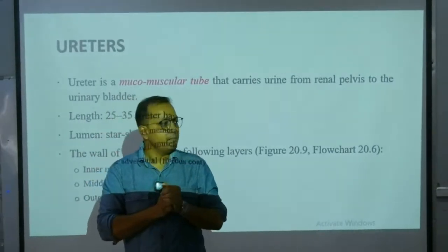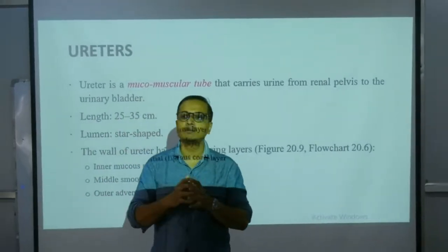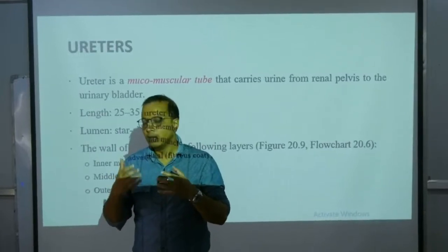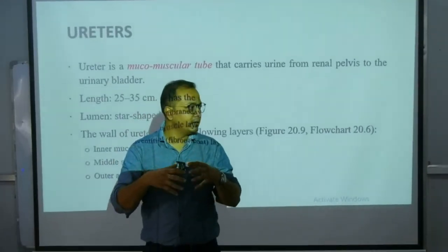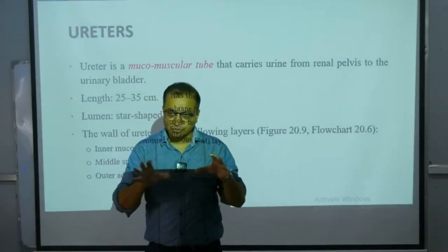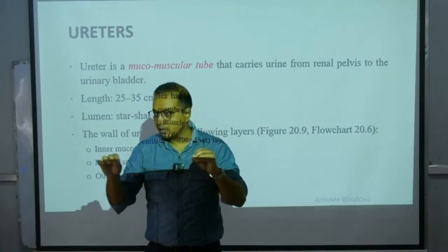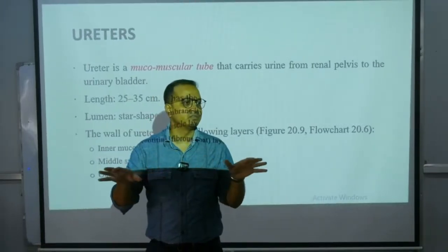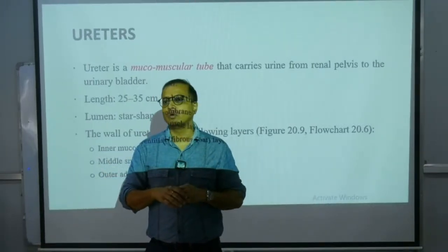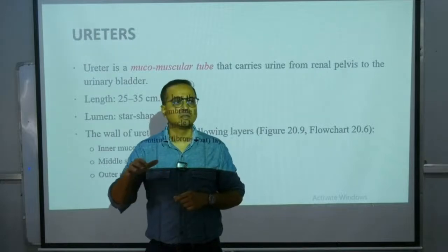If it is in an empty state, lying relaxed, we see more layers, whereas when it gets distended or stretched out, the cellularity also diminishes with the stretching. This kind of thing we call transitional epithelium.